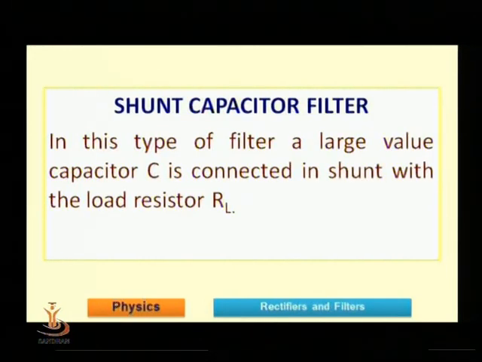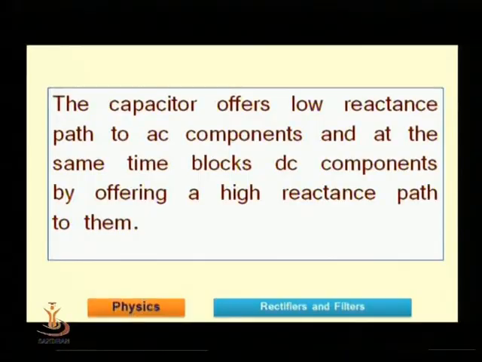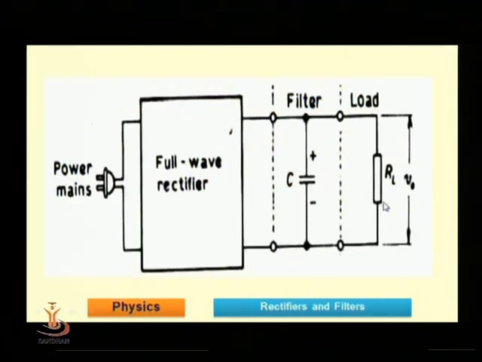Now the shunt capacitor filter, let me see again in detail. The capacitor offers a low reactance path to AC components and at the same time blocks the DC component, as I told. Here the capacitor is connected in shunt form. Why? Because XC equal to 1 upon 2 pi FC, if the frequency is higher, then that frequency component can be easily passed.